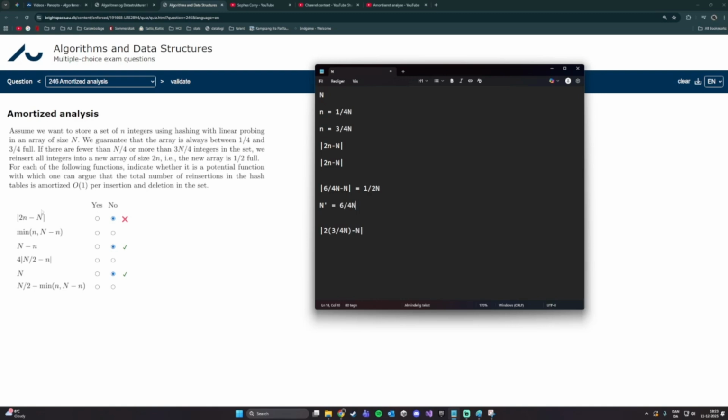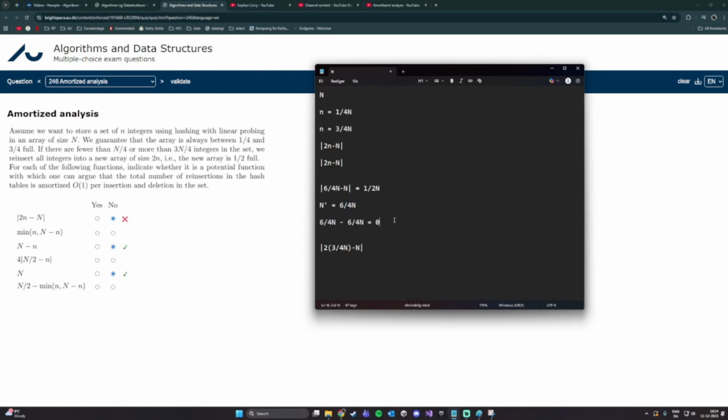And the amount of potential that we have is 2 times n, which was 6/4 n, minus this new n prime, which obviously is 6/4 n. So again, we have 0 potential after the expensive operation.